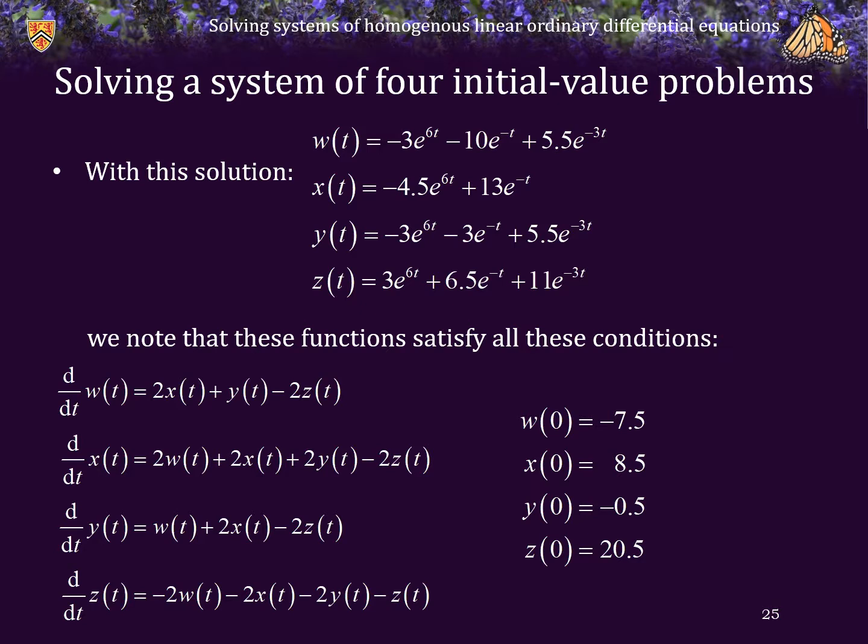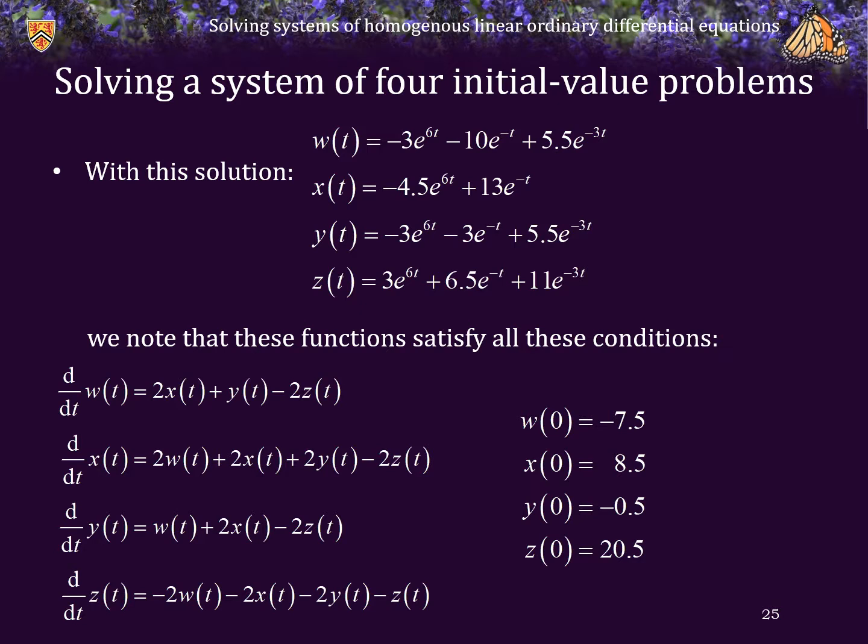For example, if you were to differentiate w, which would be -18 times e to the 6t plus 10 e to the negative t minus 16.5 e to the negative 3t, you would find that this does indeed equal twice the function x plus y minus twice the function z.